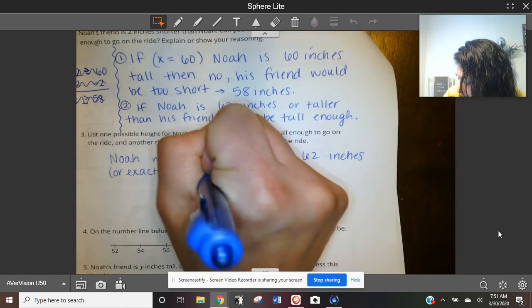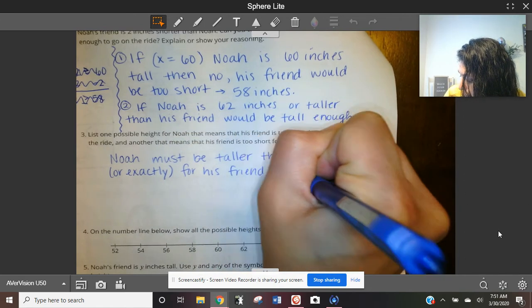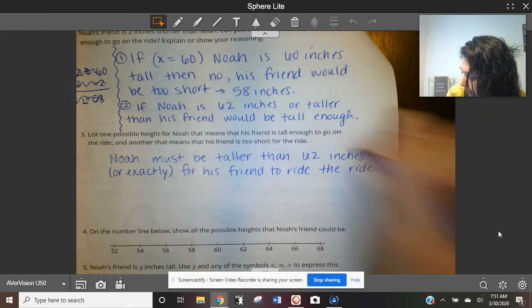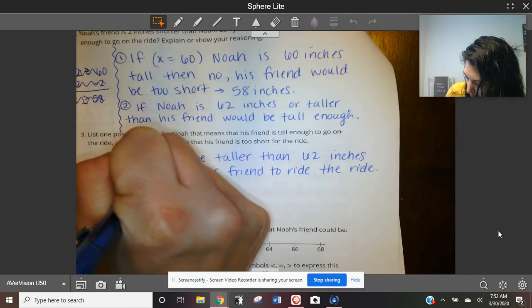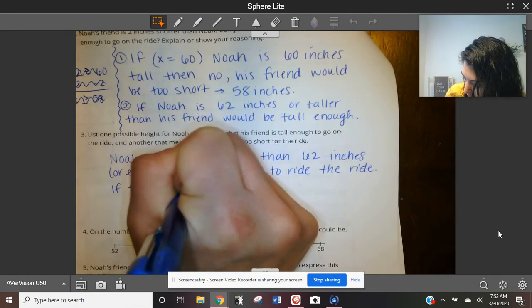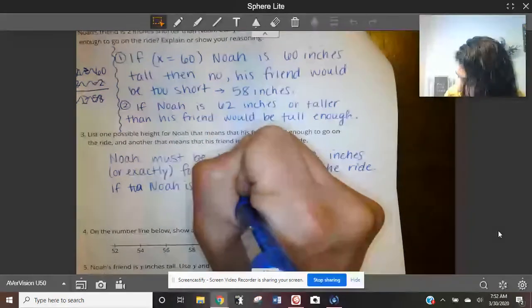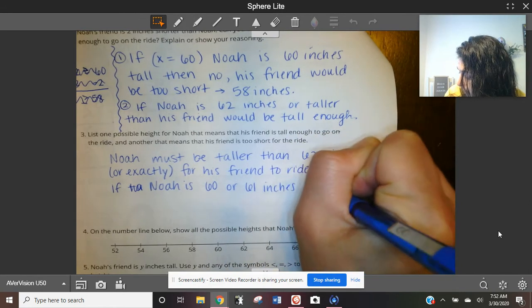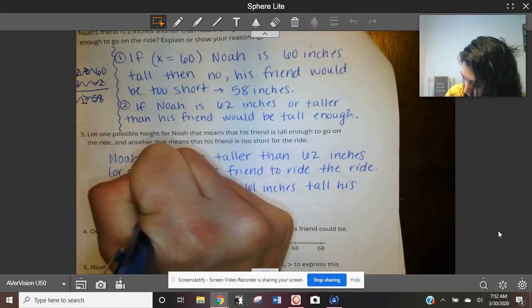For his friend to ride the ride. Okay. If Noah is 60 or 61 inches tall, his friend would be too short.